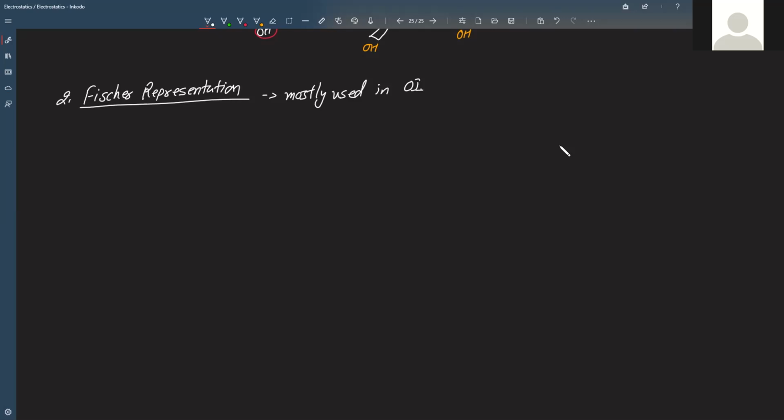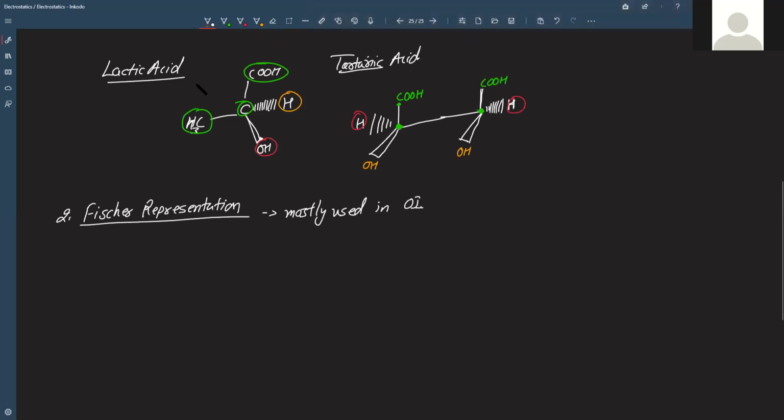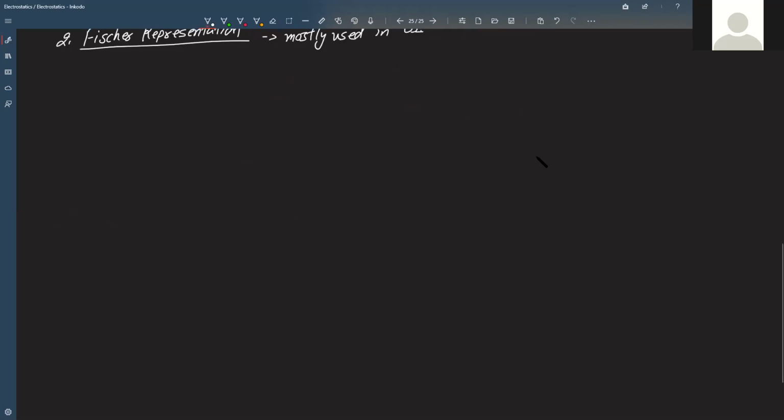So it's again very simple. We are not going to draw these oblique lines or dashes and wedges as we have seen in the previous representation. What we are going to do here is we are going to draw just vertical lines and horizontal lines. So the atoms or the groups which are represented on these vertical lines, they actually represent those groups which are on the back of your screen or of the paper, right?